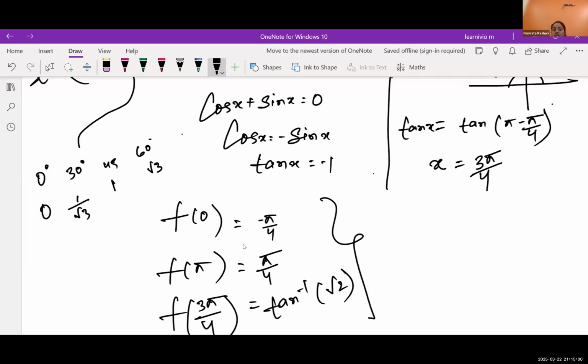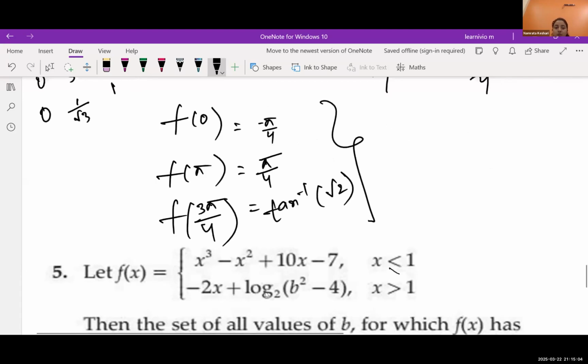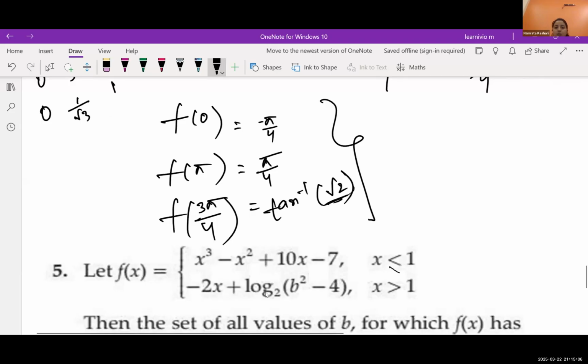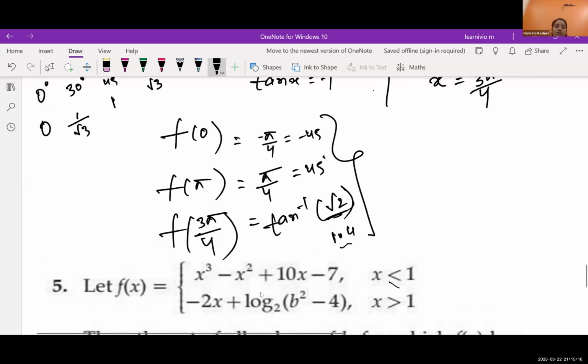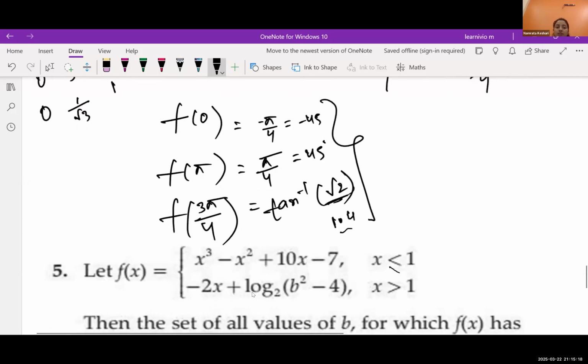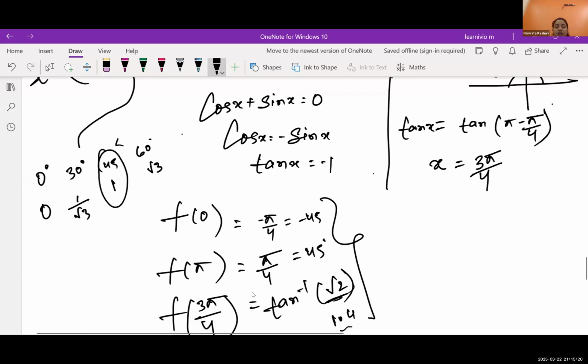Okay, so tan is an increasing function. If we take this root 2, it means 1.4. Minus pi by 4 means minus 45, pi by 4 means 45, and root 2 means 1.4, 1 something. So can we say it will be greater than this 45 degrees? Bigger angle, bigger value, yes or no? Yes, ma'am.